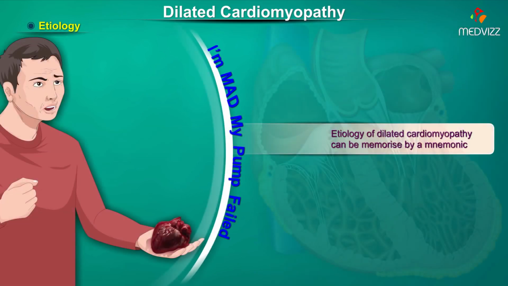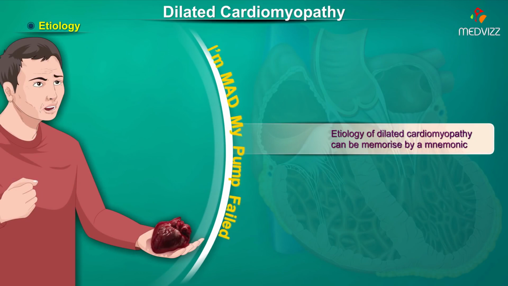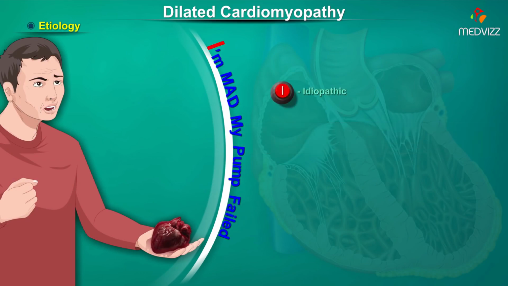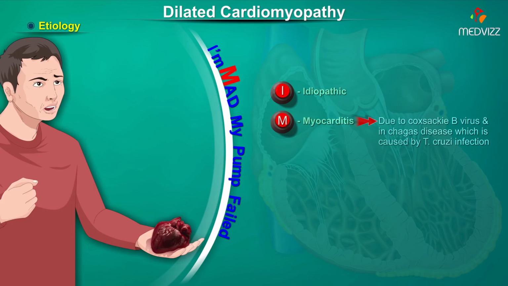The etiology of dilated cardiomyopathy can be memorized by a mnemonic, "I am mad, my pump failed," where I stands for idiopathic, which is the most common cause. M stands for myocarditis, which can be secondary to Coxsackie type B virus, or myocarditis as in Chagas disease, which can be caused by Trypanosoma cruzi infection.